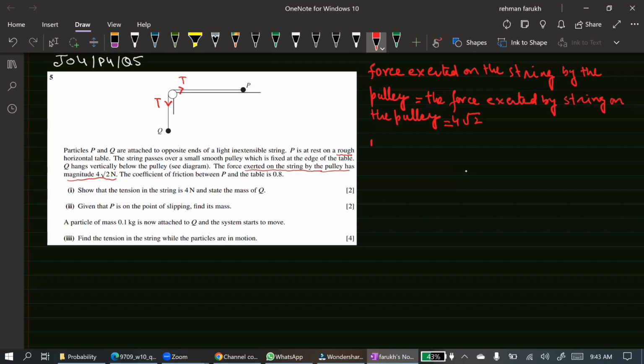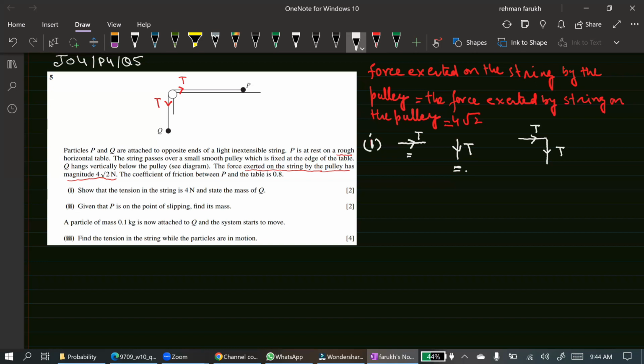One force is towards the right and has magnitude T. The other force is in the downward direction and has magnitude T. According to the law of addition of vectors, we join the tail of the second vector with the head of the first vector.